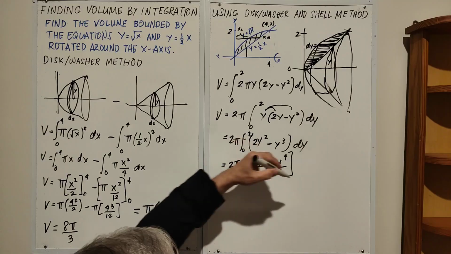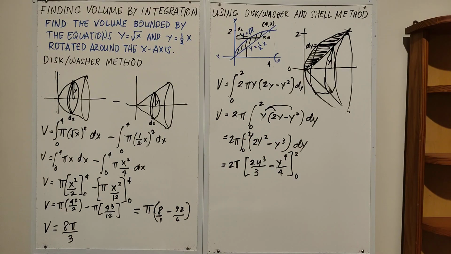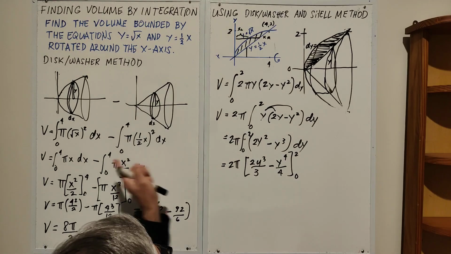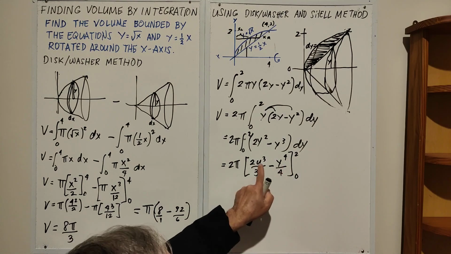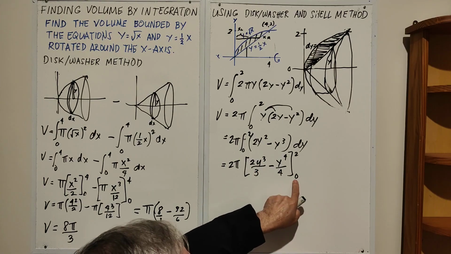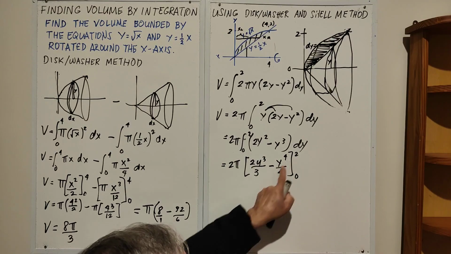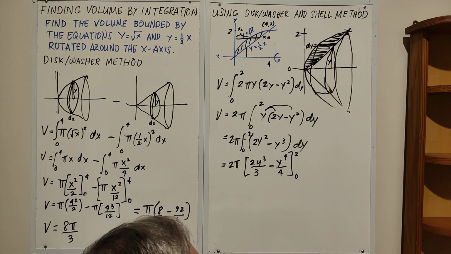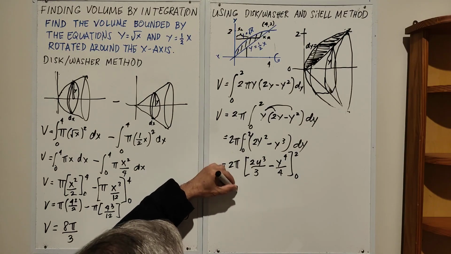So we integrate it from 0 to 2. Now we substitute 2 into y and then 0 into y, but since 0 makes both terms 0, we just substitute 2 into this one.